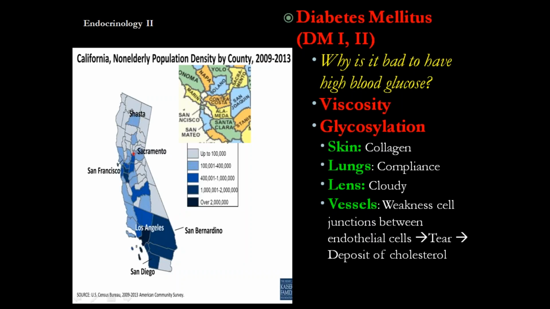In diabetes type 1 and type 2, we have a problem that is the viscosity. The viscosity is going to slow down the blood flow. If the blood runs slowly, there is more risk of making a clot. If you pinch your finger and the blood stays on the finger, not moving for a moment, it starts to clot.